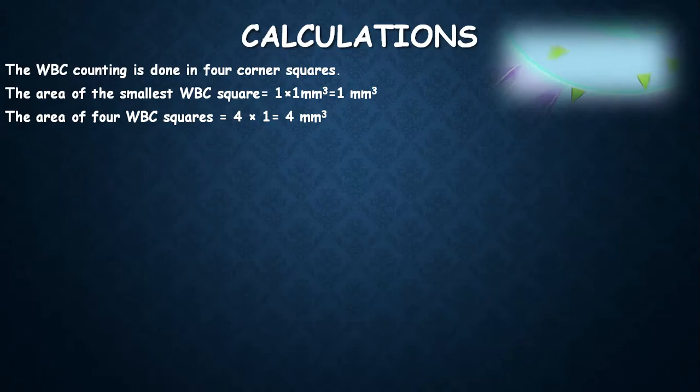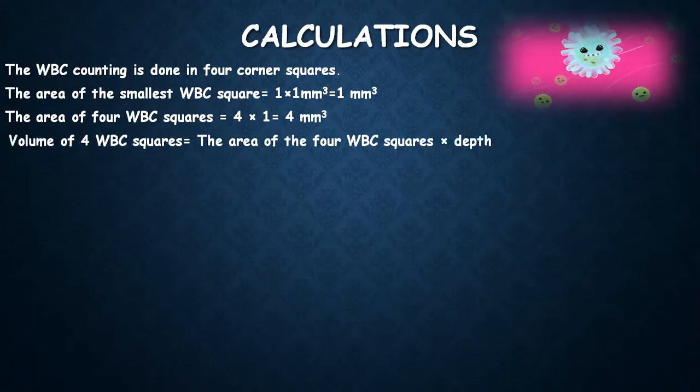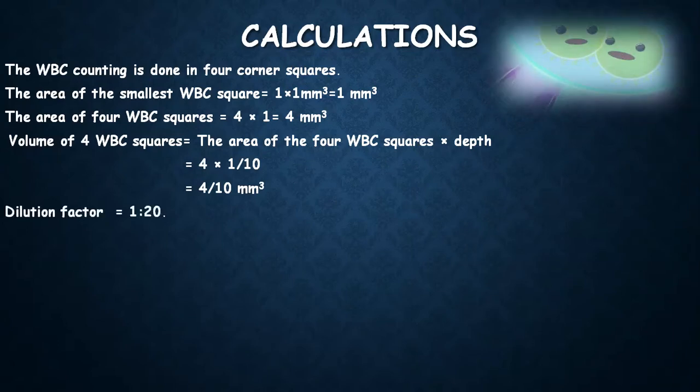The area of 4 WBC squares is equal to 4 into 1, which is 4 mm squared. Volume of 4 WBC squares is equal to the area of the 4 WBC squares into the depth, equal to 4 into 1 divided by 10. It means 4 divided by 10 cubic millimeter.